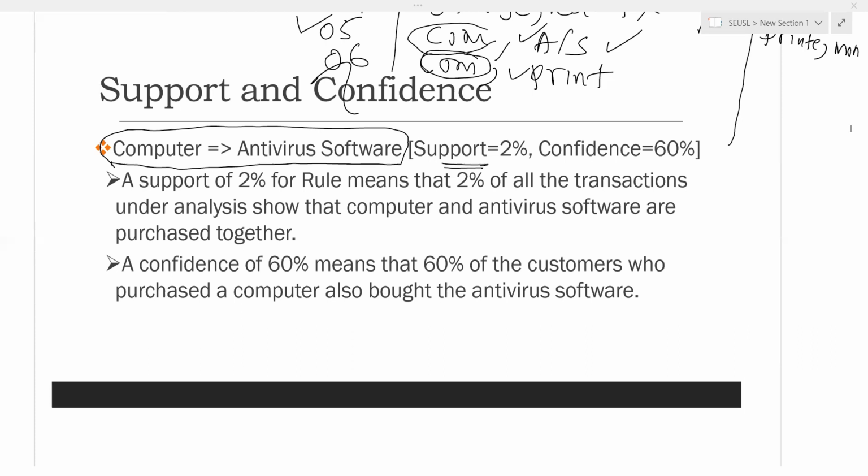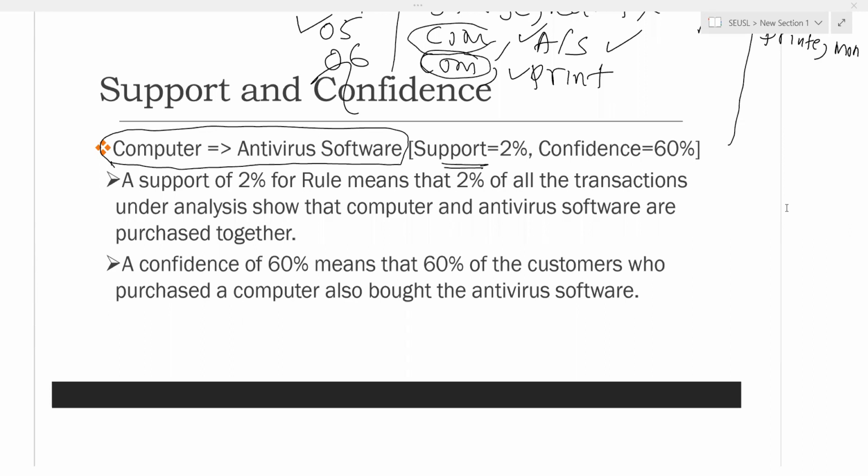That is considered as confidence. So you need to remember these two things very well. Whenever you work with the Apriori algorithm, again and again you calculate these two things, confidence and support. So you need to be clear about them.